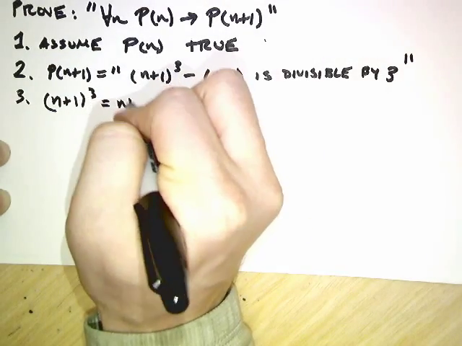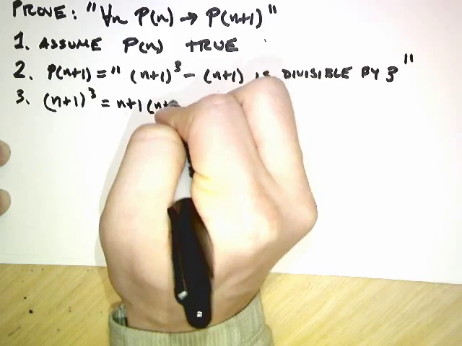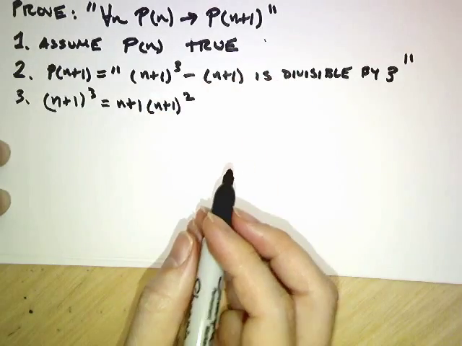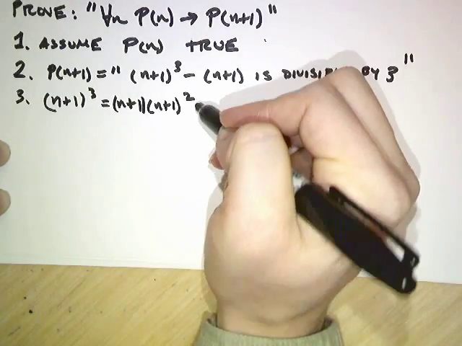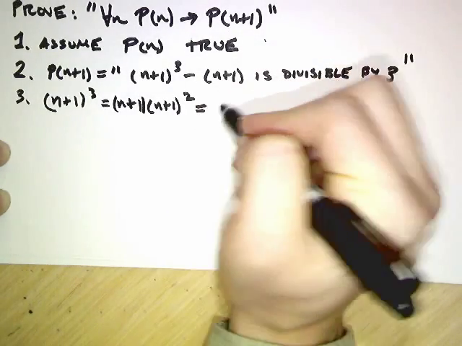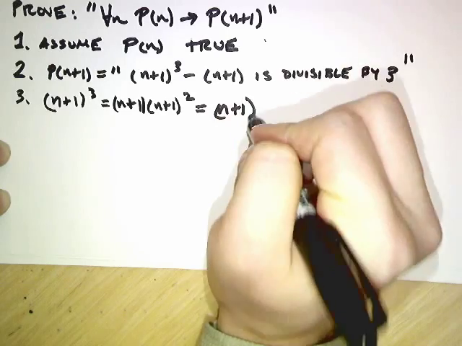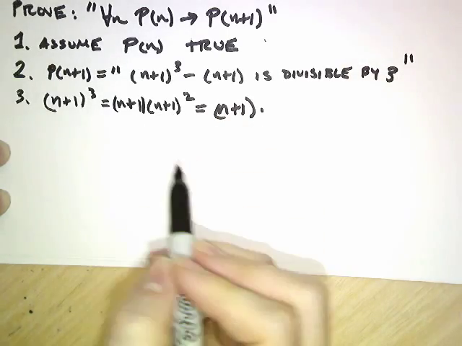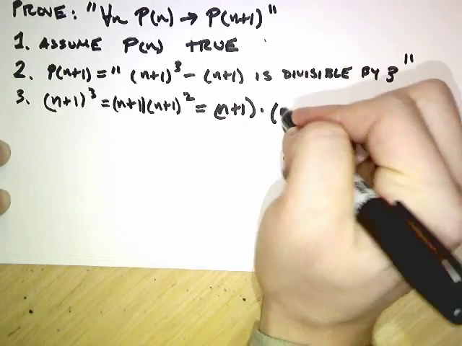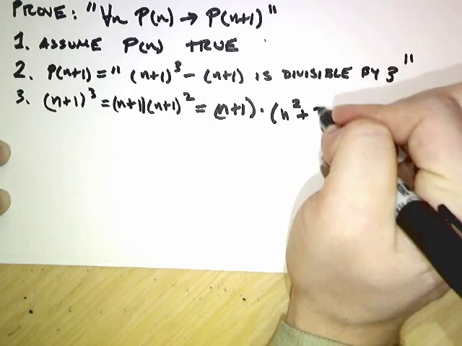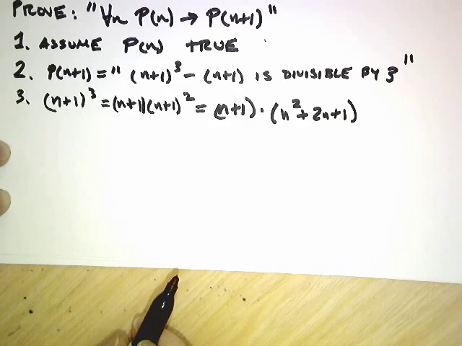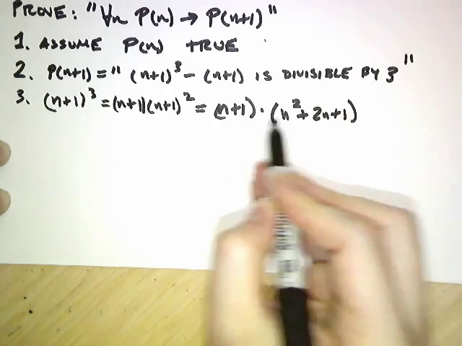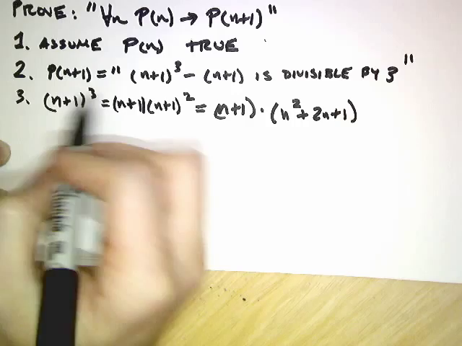This is equal to n plus 1 times n plus 1 squared, and n plus 1 squared is n squared plus 2n plus 1. And now we have to multiply these together.